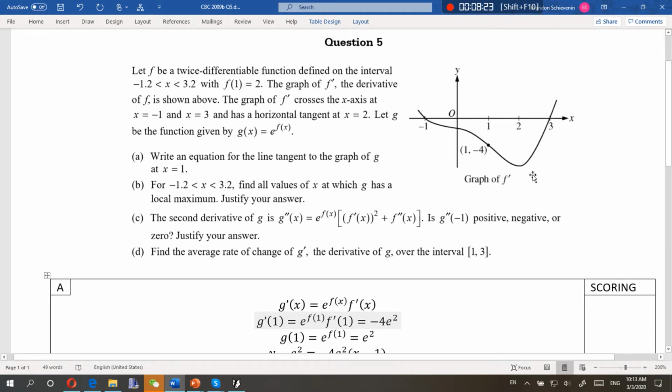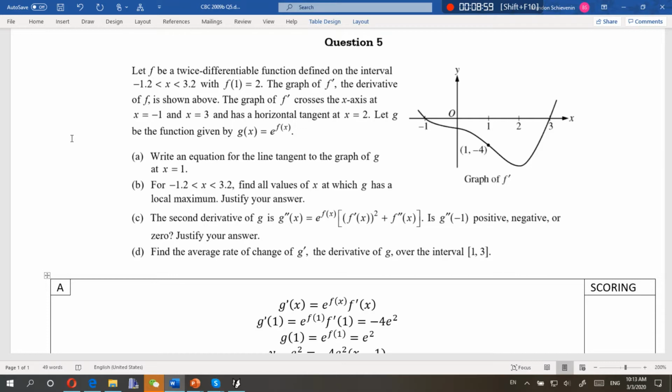So the second derivative is given here. So that's deriving with the chain rule. Is g double prime of -1 positive, negative, or 0? And then justify your answer. So just plug in -1. So the first part, e to the f of x power, is always positive.